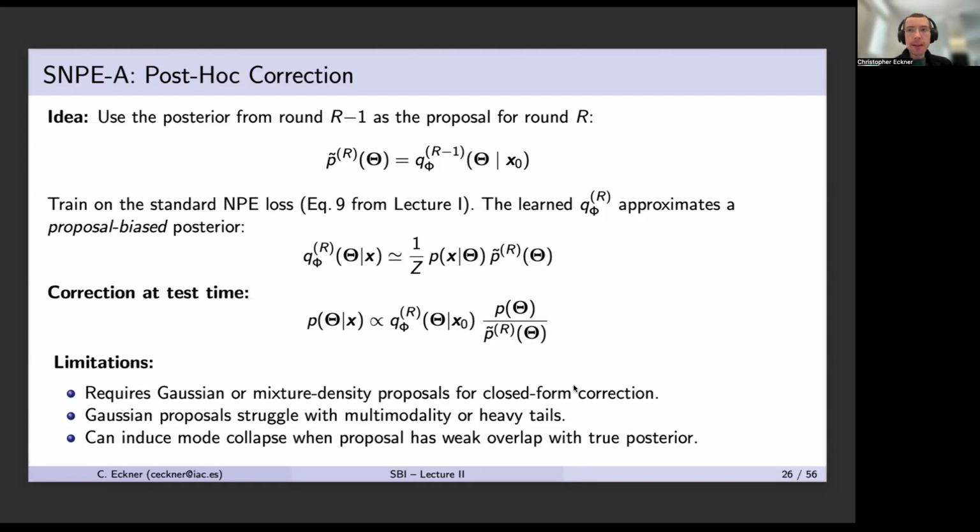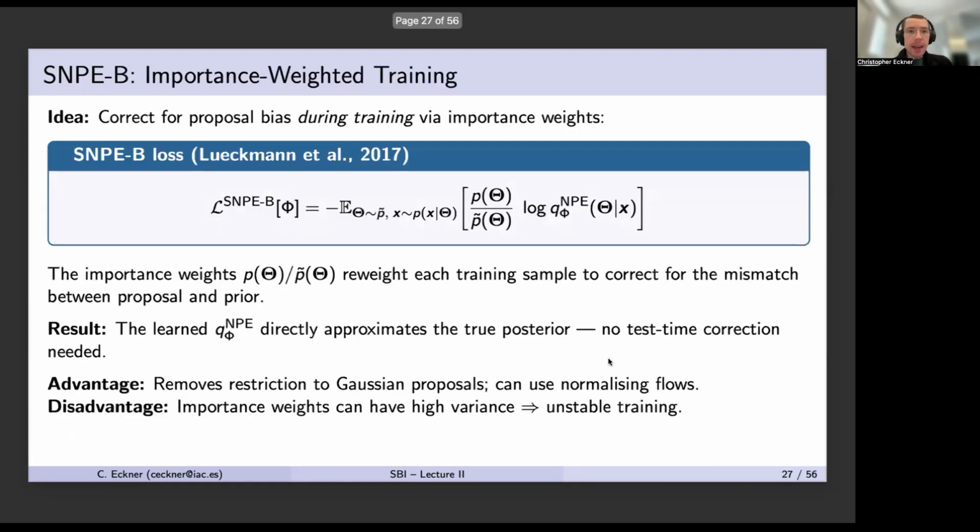Then, of course, if there's variation A, you can also have variation B. Variation B is more fancy in a sense that, okay, you need to do this reweighting of your prior space, but you can do this during training. So here, what you do is you modify the loss that you're training by introducing some importance weights.